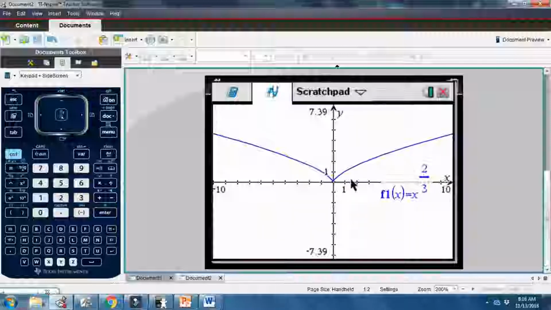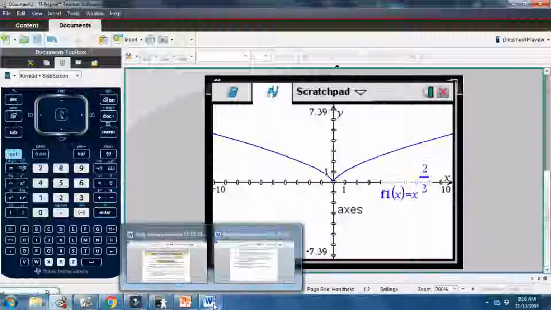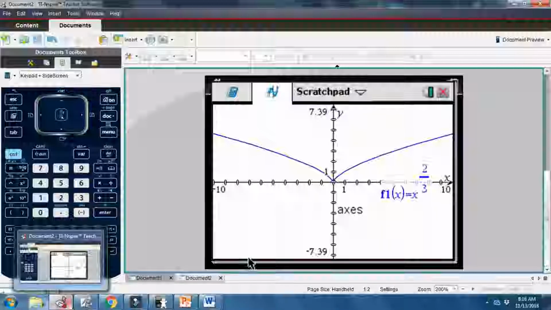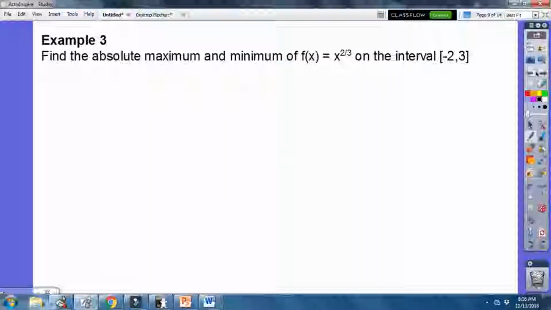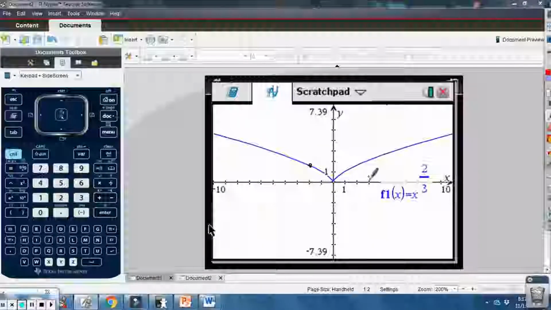Just looking at this, I can tell that it's not going to have a maximum. Oh, actually, it will have a maximum because we're looking on the closed interval -2 to 3. So it has to have a maximum and it has to have a minimum. I can tell that there is going to be a maximum at around 3 comma f of 3, and there's going to be a minimum at 0 comma 0.